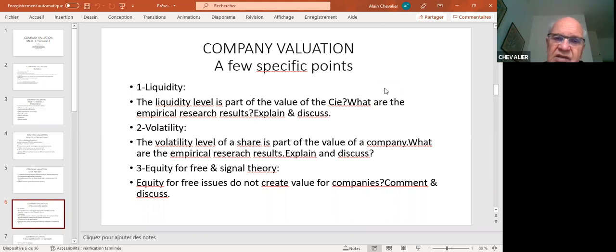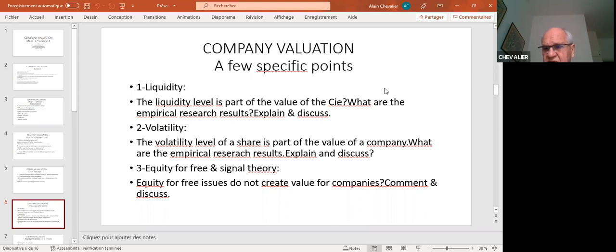It's at the same time an opportunity for some categories of shareholders, those trying to catch these differences in the same day. That's what we call day traders. And it's a risk for all the others, and we perceive this instability as a kind of unknown situation, unknown future for the company.